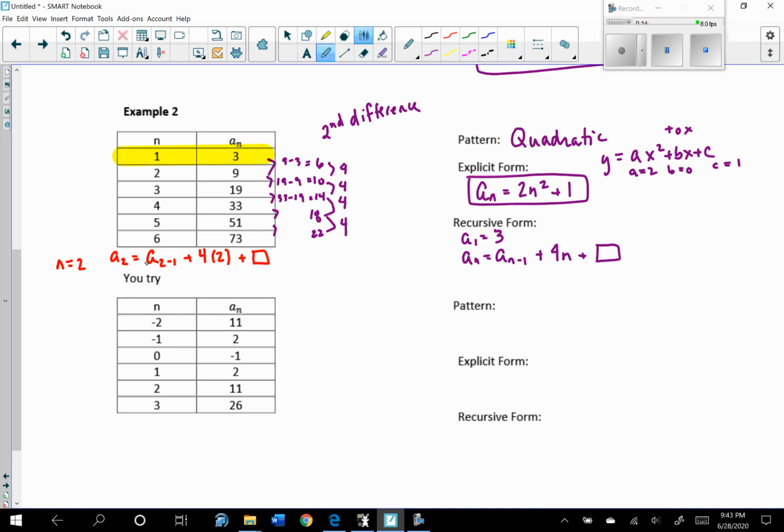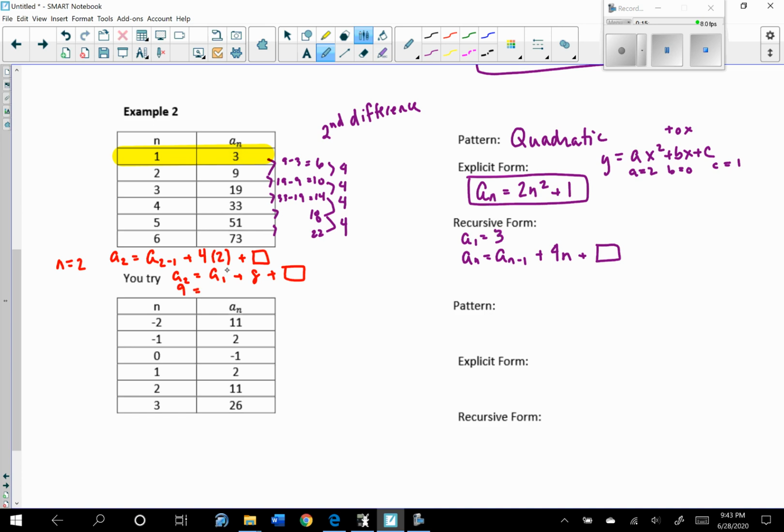So then we're just going to simplify this here. And I'm going to do it right here because I'm running out of room. A sub 2 is equal to 2 minus 1 is just 1, plus 4 times 2 gives me 8, plus something, and this is where your table comes in handy. So your second term from your table, this is your a sub n column, is 9.